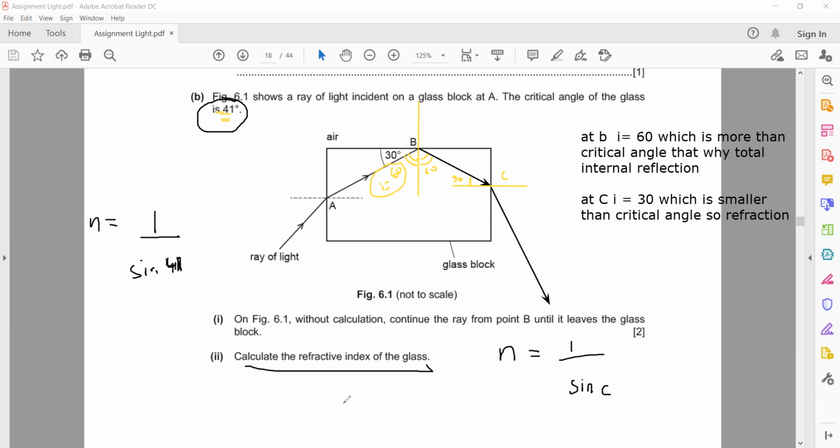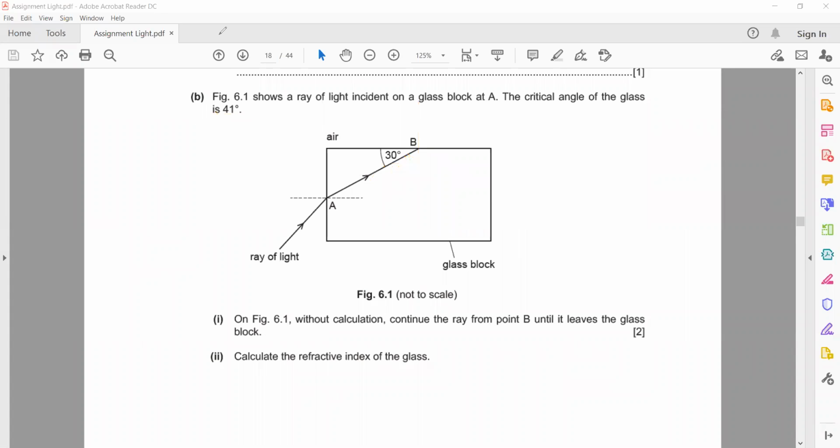What's the answer? 1.52. And what is the unit? Yeah, it does not have any unit.